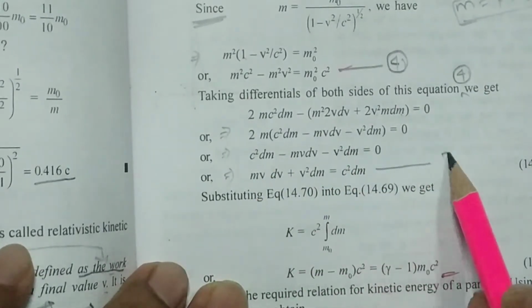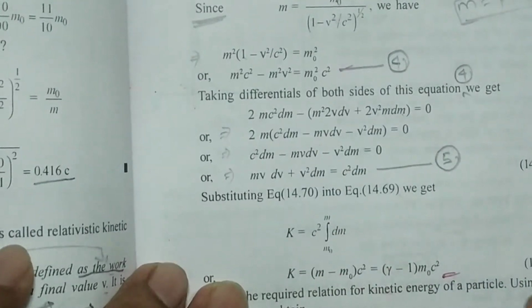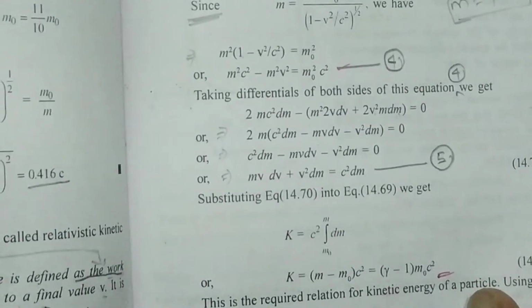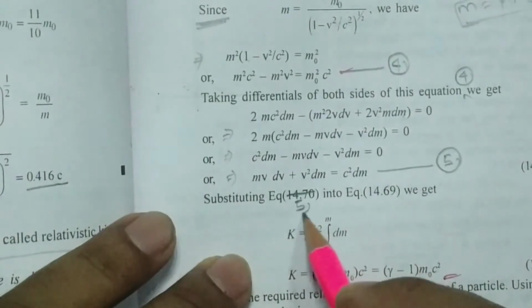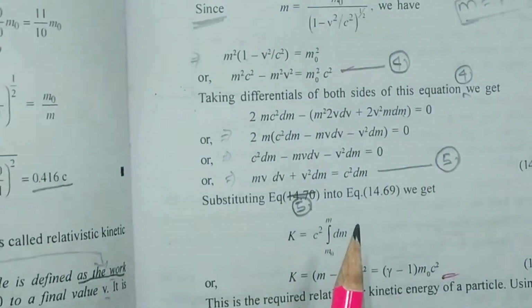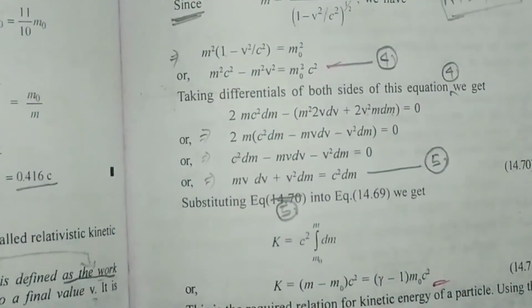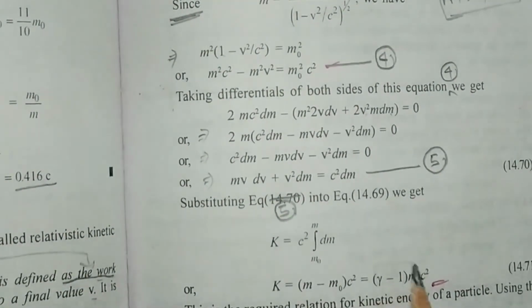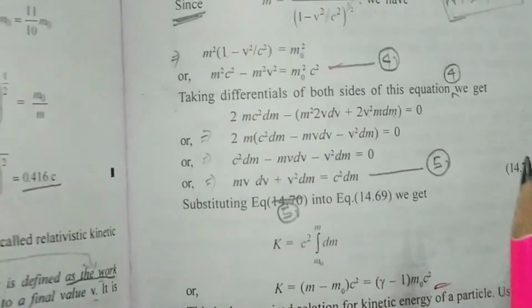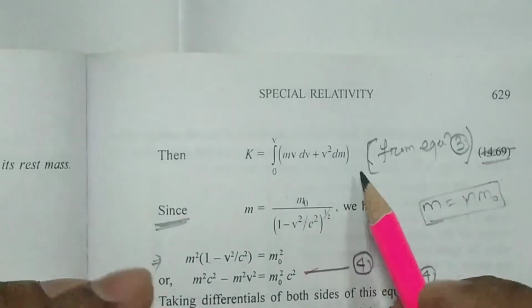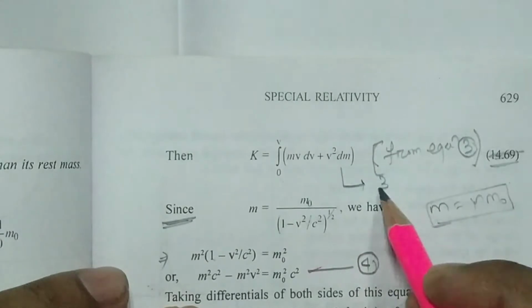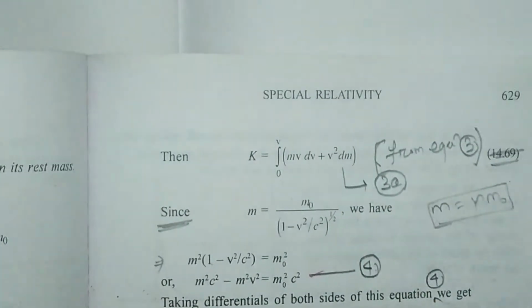Let this be equation number 5. Now we have to substitute equation number 5 in another equation. This is equation number 1, equation number 2 and equation number 3, and there is one more equation I forgot to write down, so this is equation number 3a, this is 4 and this is 5.